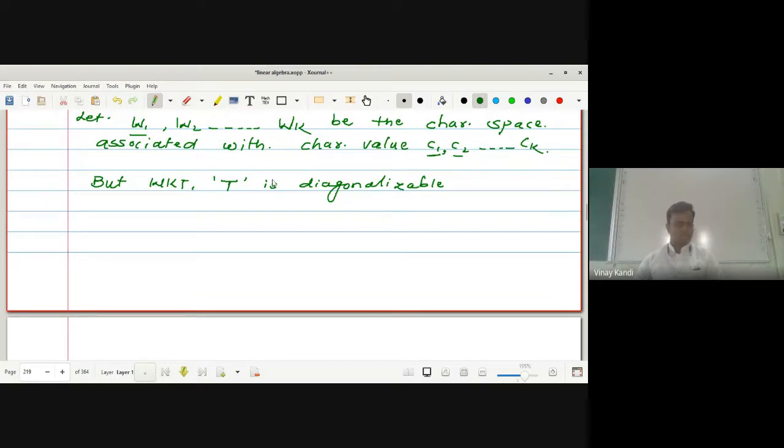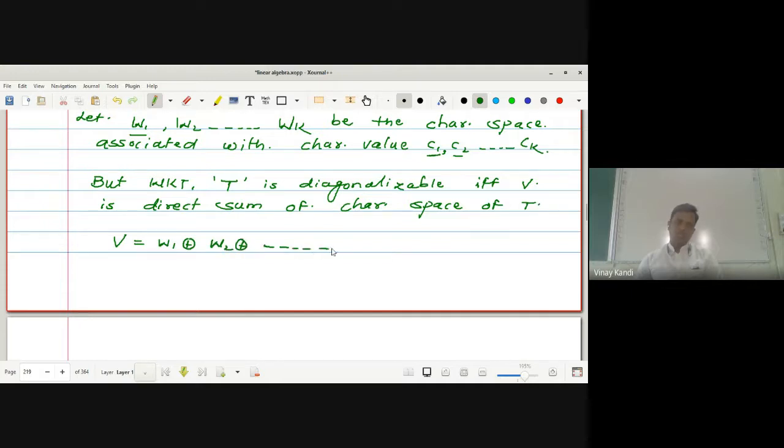This holds if and only if V is the direct sum of the characteristic spaces of T, that is, V equals W1 direct sum W2 direct sum up to Wk, where each Wi is the characteristic space corresponding to Ci.